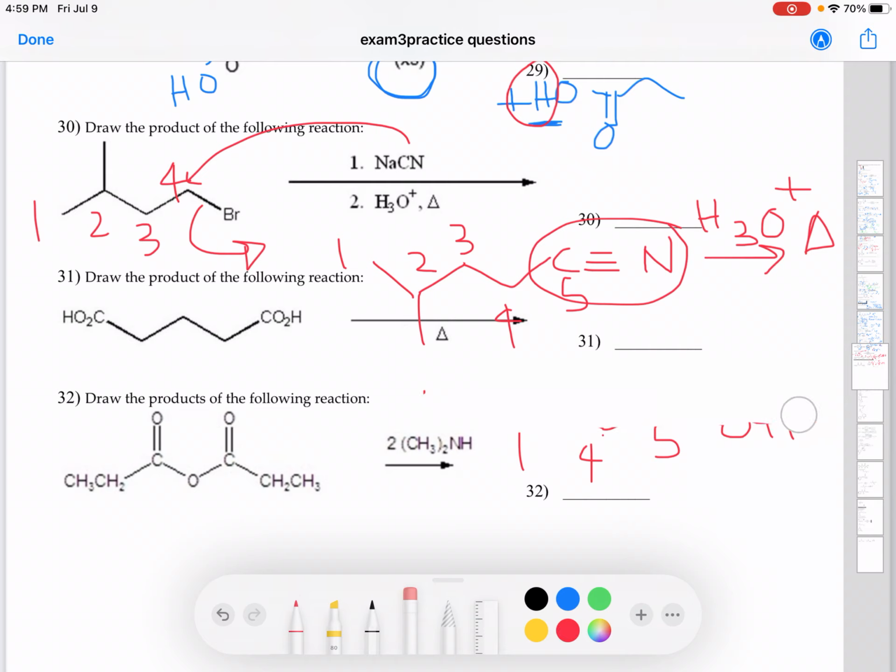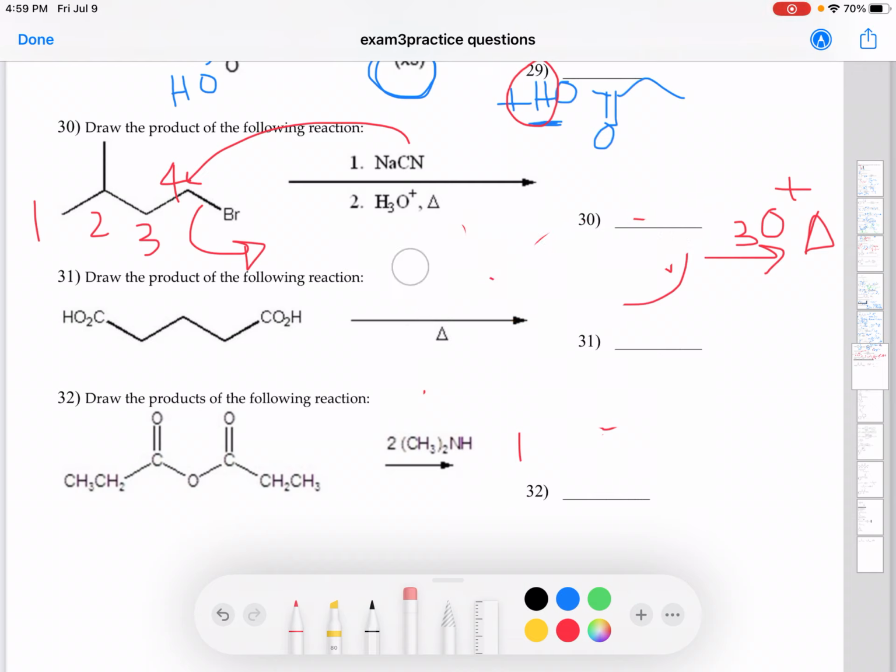Draw the product of the following reaction. Again we have 2 carboxylic acids in the same molecule. That is going to undergo a condensation reaction, an intramolecular one. Let's see what's going to happen here.